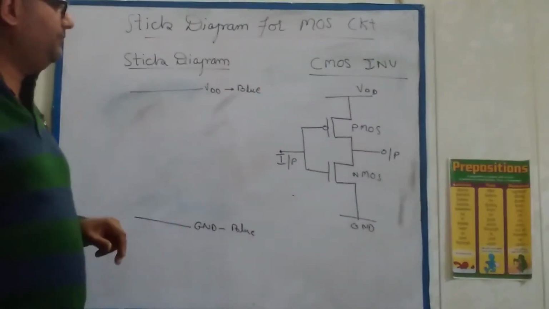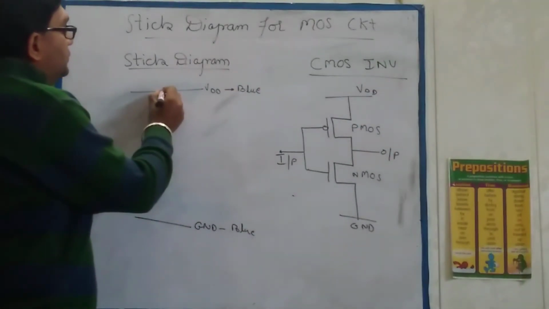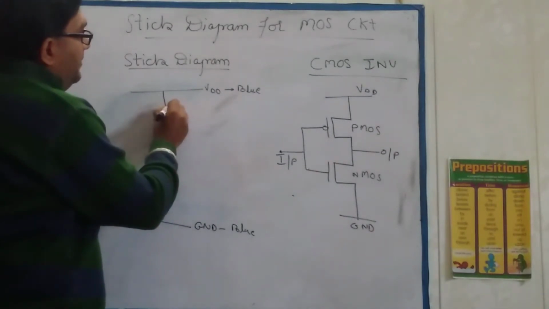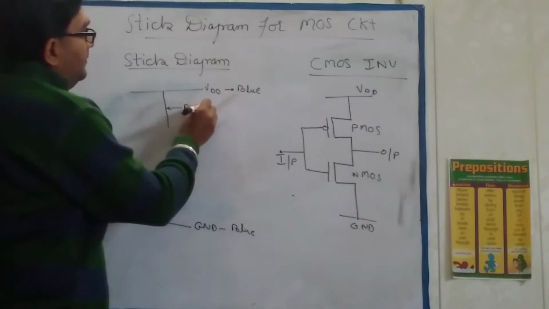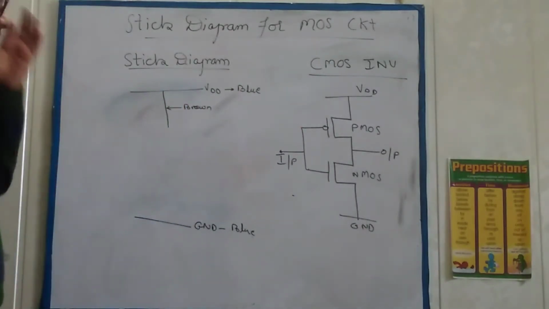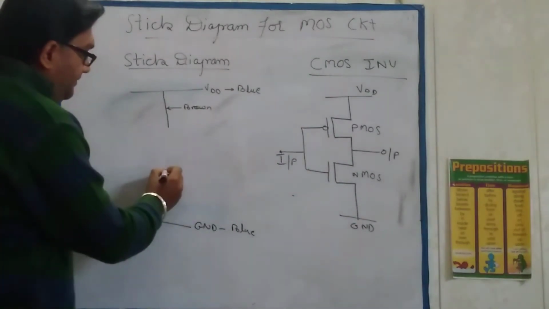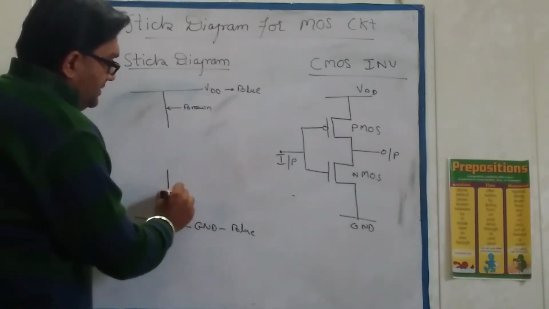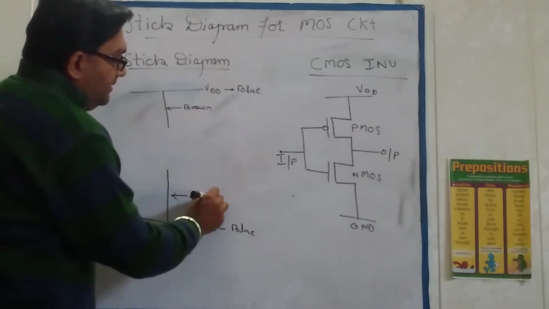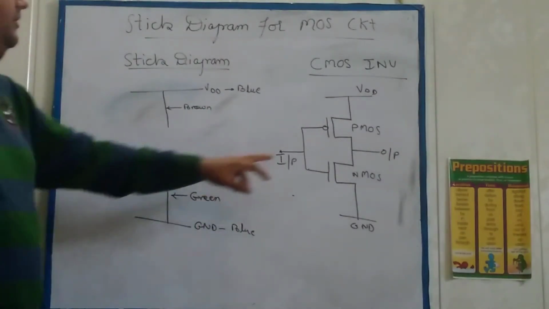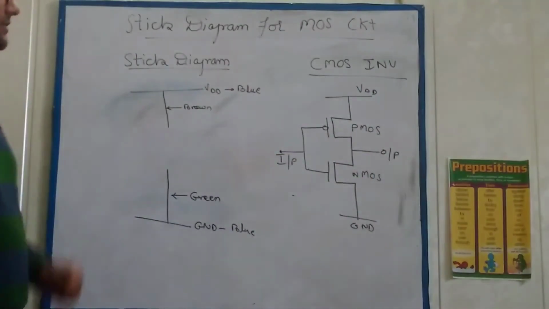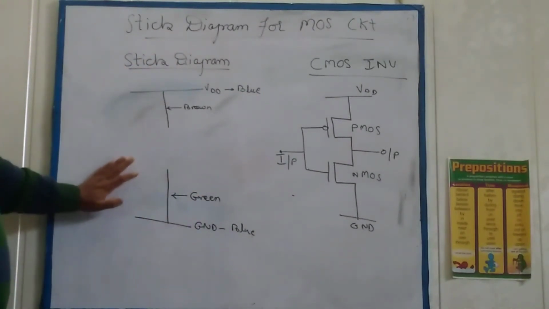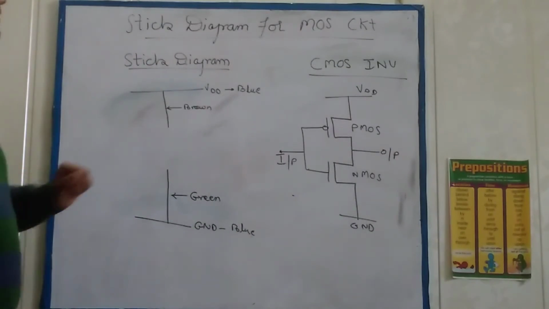For P diffusion, we know the color is brown, so we take this as brown. For the NMOS diffusion, the line is taken in green color. Side by side, you will see the rules for drawing the stick diagram.